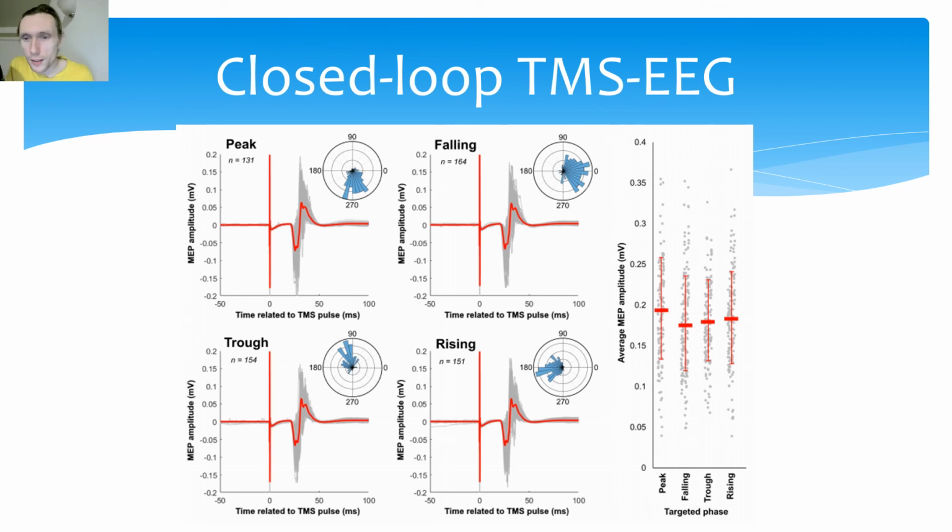But what we did find is that the output to the muscle is a little bit bigger when you stimulate at the peak phase compared to the other phases. And that's quite interesting, because this is just a single participant, but if that would be true for more participants, then you could use that information if you want to use TMS to actually activate a certain region, right? So if you want to optimally activate a certain region, you would be better off stimulating only at the peak phase of a certain oscillation.